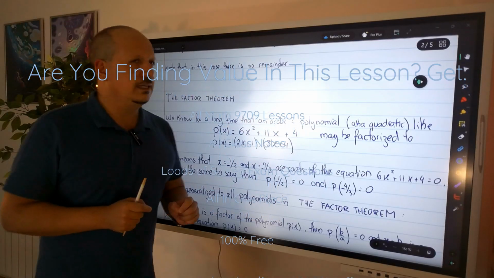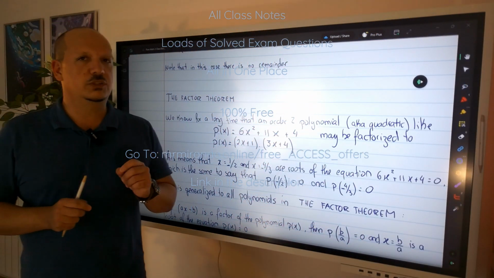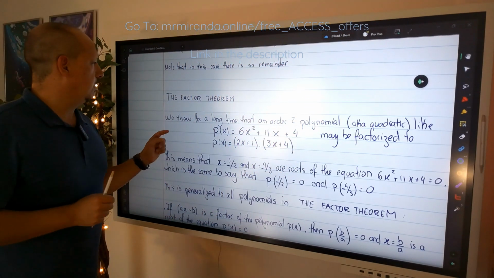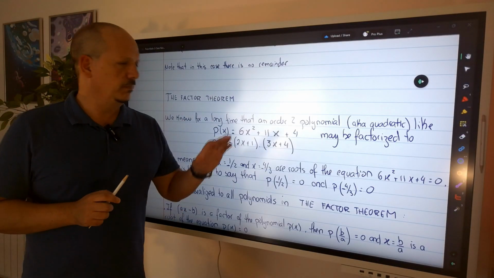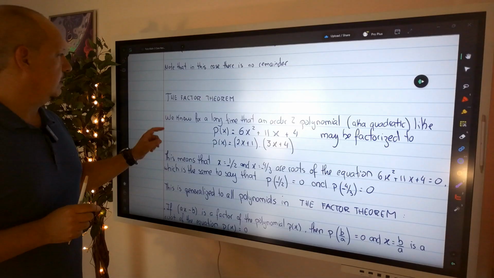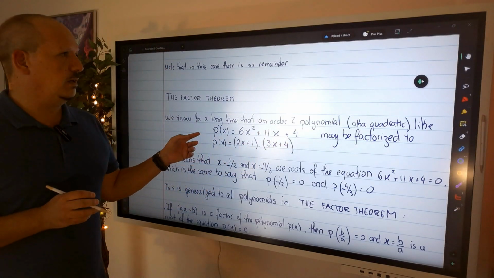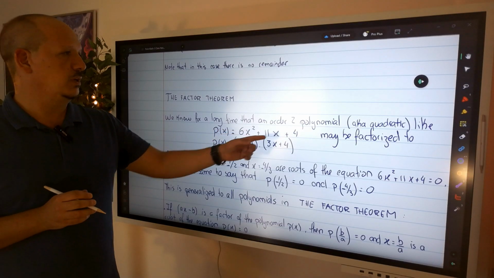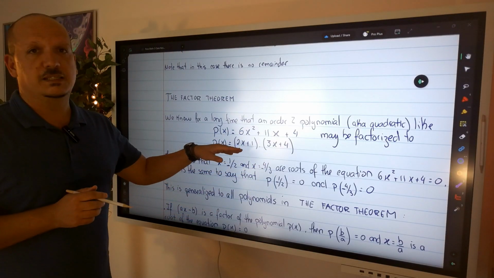Let's now look at one very important theorem that is going to be required to answer a certain category of questions. Let's look at something that you know for a long time, quadratics. We know for a long time that a polynomial, a quadratic, like this one, 6x squared plus 11x plus 4, may be factorized into something like this.